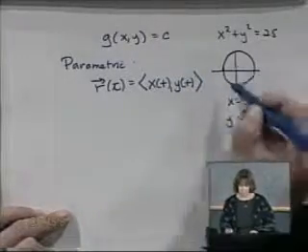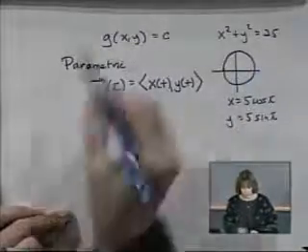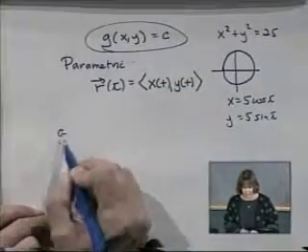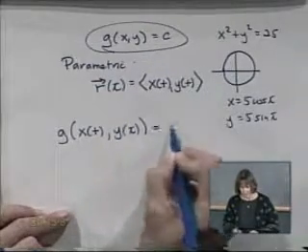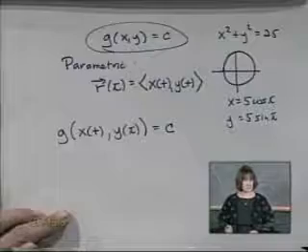Since I'm moving along that curve, I could write g of x, y equals c as g of x of t, comma, y of t, equal to a constant.